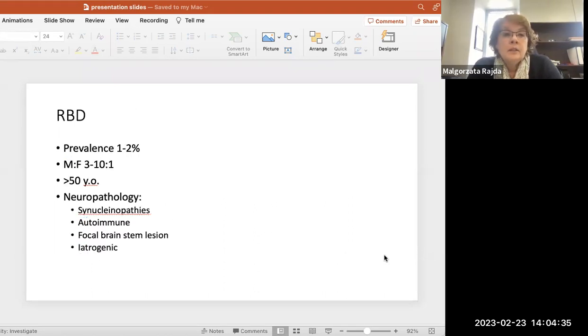It's estimated that it affects 1 to 2% of people in the general population, and it's more common in men. It tends to occur in older adults and it is very strongly linked to synucleinopathies, with RBD symptoms estimated to emerge several years prior to the neurodegenerative disorder manifesting.